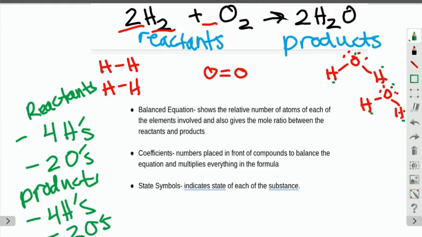So, a balanced equation shows the relative number of atoms of each of the elements involved. And we don't really have to worry about mole ratio, so we'll do that really if we make it to the next chapter in this class. Coefficients are numbers placed in front of a compound to balance the equation and multiply everything in the formula.